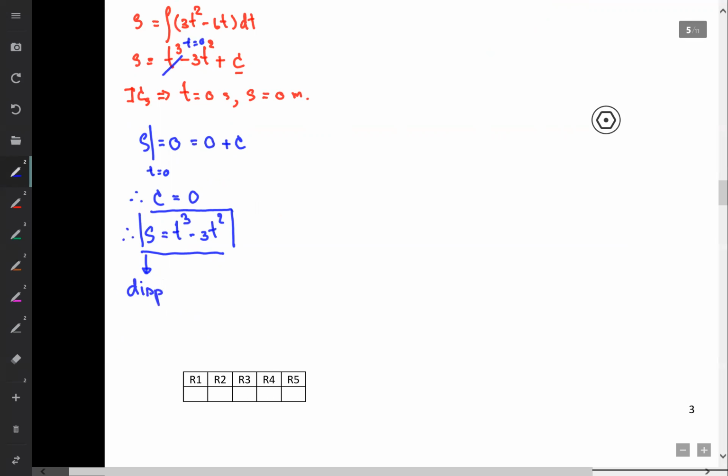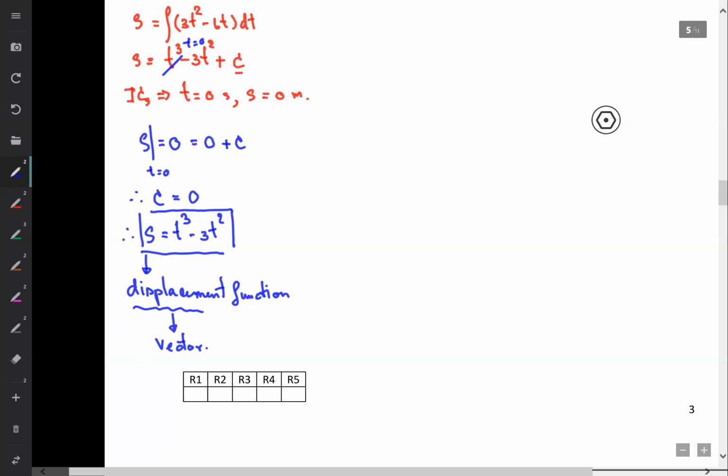This is the displacement, not distance. And displacement, we know, is a vector quantity, right?